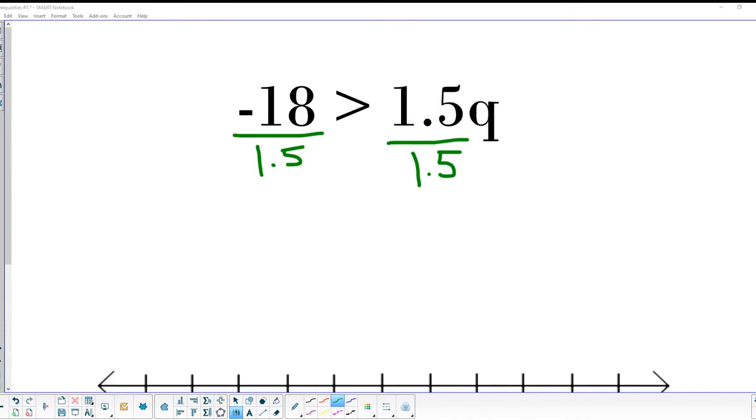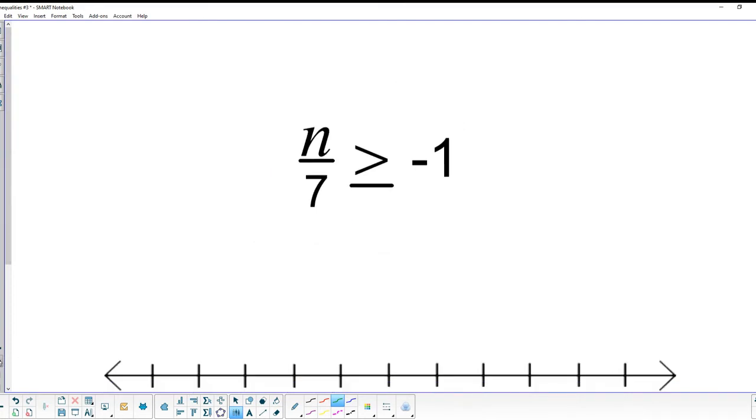If we're not sure, let's just grab a calculator and check it out. 18 divided by 1.5 equals 12. Okay, so in this case we have -12 on the left side. The inequality symbol does not change direction, and we have q on the right side. Okay, how about this one?